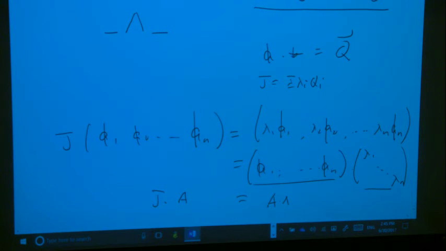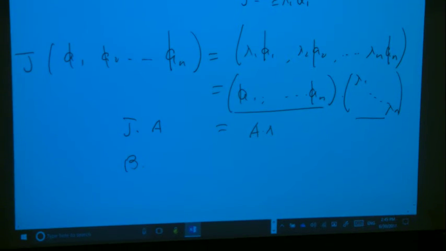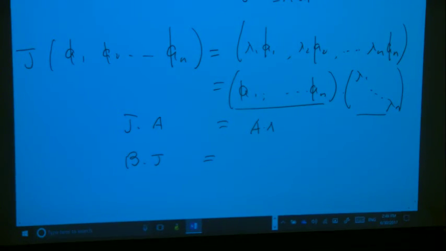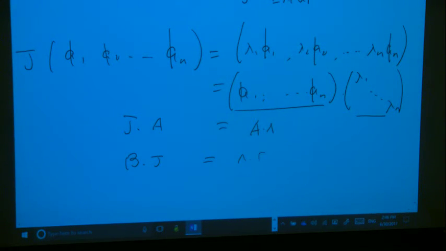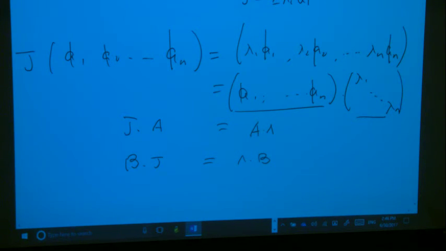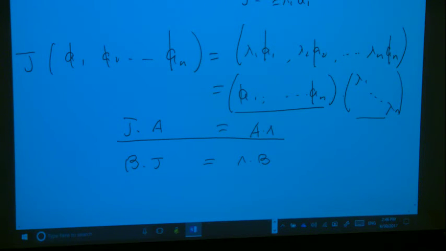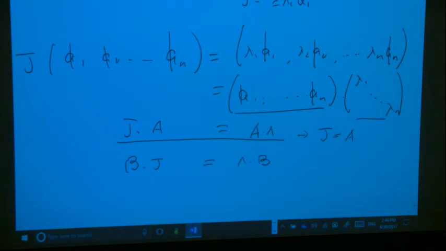By doing a similar thing to B, you can see B times G equals lambda times B. Or what you can do is invert A to the other side, and this will also tell you G equals A times lambda times A inverse.